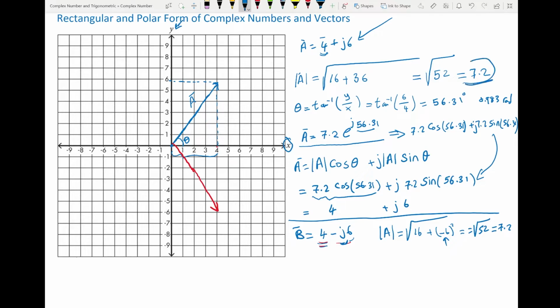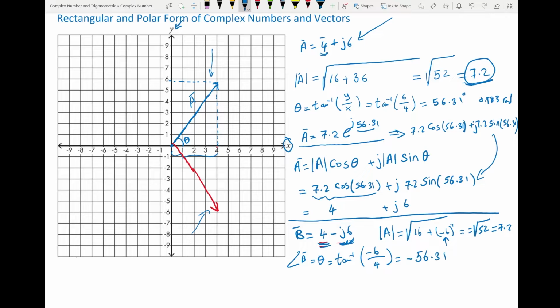So that's exactly the same as here. And we should expect that, because the magnitude of this vector is the same as the length of this vector. Now let's calculate the angle. The angle of vector B, let's call it theta, is tan inverse of the imaginary part, minus 6, divided by the real part, 4. If you use your calculator, you will get minus 56.31.